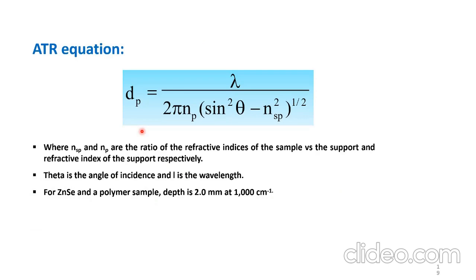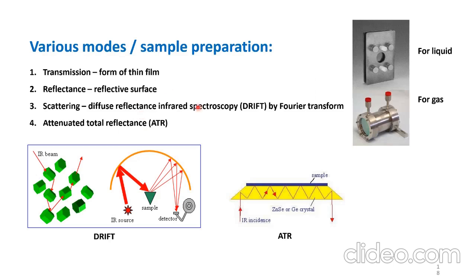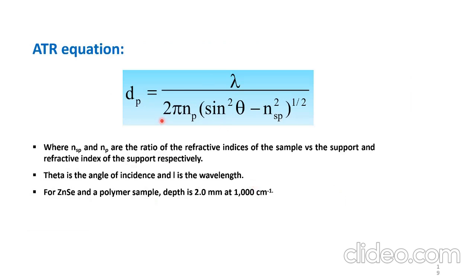And also, the ATR equation shows how much depth of penetration will happen once the IR is striking the sample. So the depth of penetration can be determined from this formula.